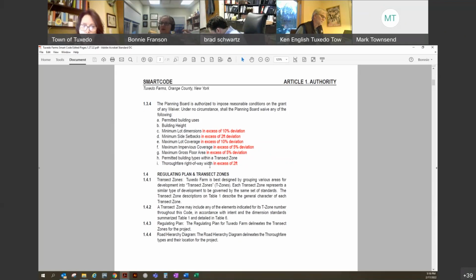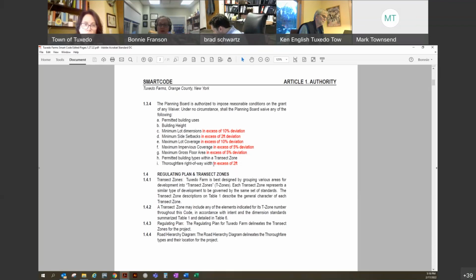And then you have the thoroughfare right-of-way width in excess of, now applicants proposing in excess of 2 feet. The thoroughfare right-of-way width is the right-of-way width for each of the roads within the development. And because most of the roads, other than the spine roads, are privately owned, the town did allow, and the applicant has this road hierarchy, that roads can be narrower if they are serving a smaller number of lots.